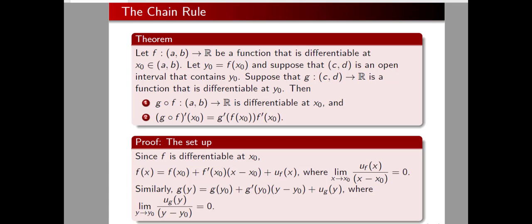And similarly, we have this similar formula for g, with u sub g being our error function and having the same goodness factor, that the limit as y approaches y naught of u sub g of y over y minus y naught is equal to 0.